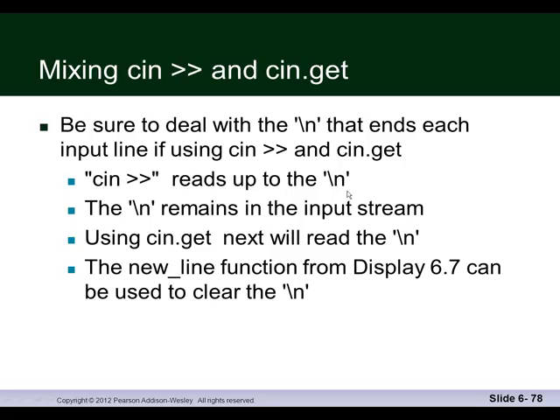So you have to use something like ignore, or you just have to read it and do something with it, because you're going to have an extra character at the end if you mix them up. Basically, what we're saying is if cin.get comes after cin, there is a potential of having an extra \n in the buffer that we have to handle. Right, Ben? Yep.